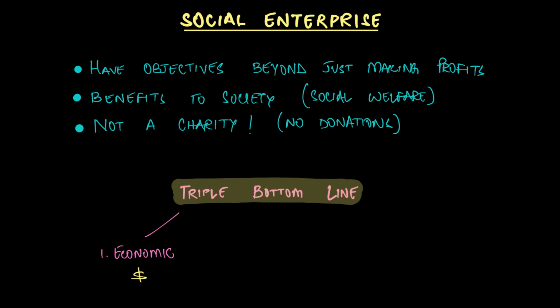And once that part is sorted, they will then try to make sure that whatever actions they're taking, whatever products they're making, however they're conducting their business, they are trying to benefit the society around them. The community, the people, all of them around the business must be benefited from their actions.